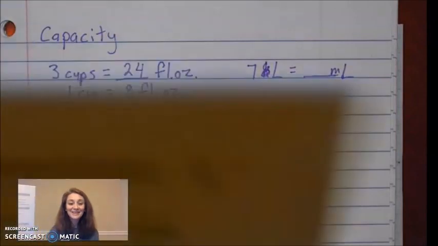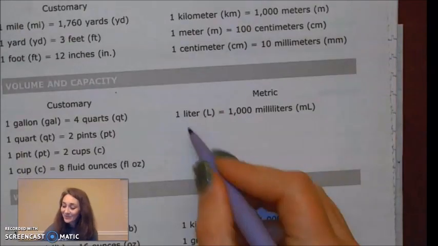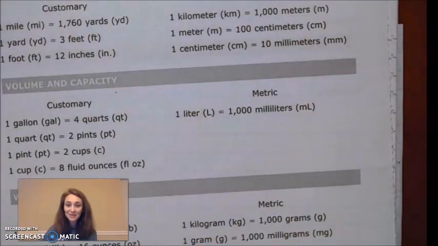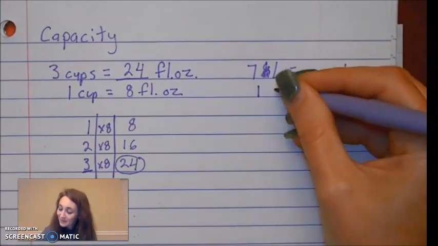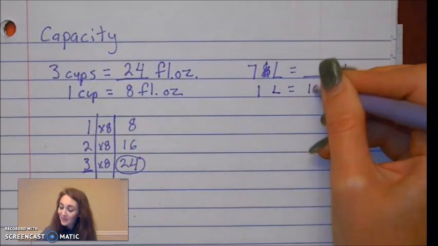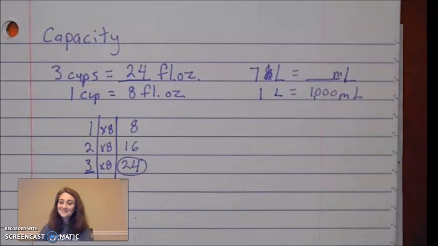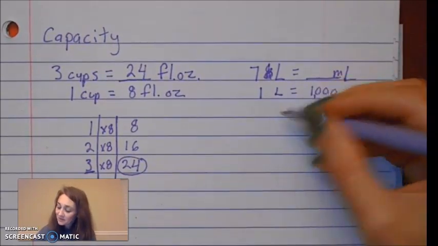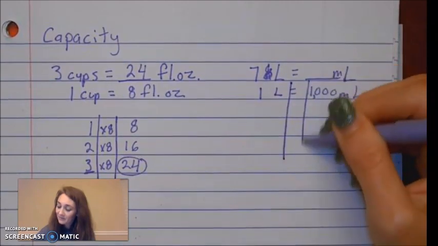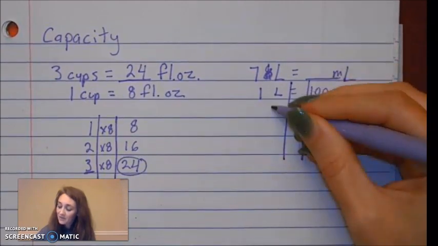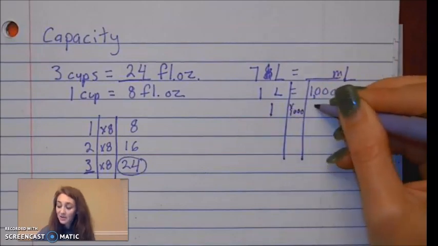I've got liters and milliliters. It's there on this one. 1 liter equals 1,000 milliliters. Okay? So if 1 equals 1,000, I have to do 1 times 1,000 to equal 1,000.